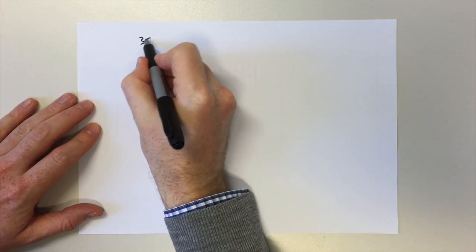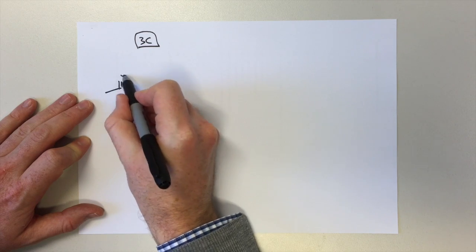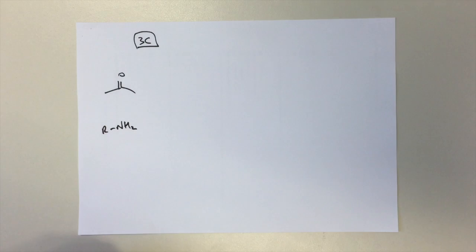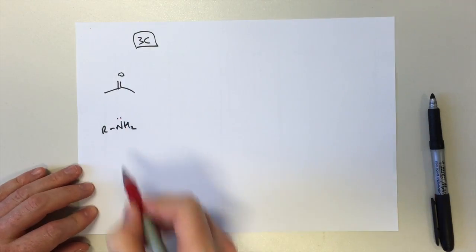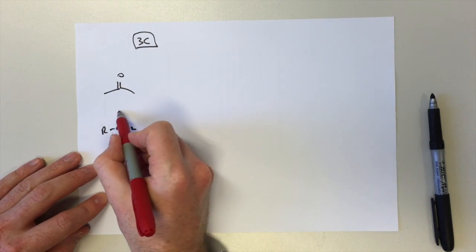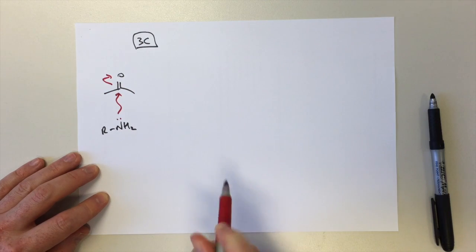Okay, and our final example, 3C, of what we can add to a carbonyl group is an amine. So the amine is going to be our final nucleophile. The nitrogen is the nucleophile in this case, the lone pair on the nitrogen. So it's going to attack our carbonyl group. I hope this looks very familiar.